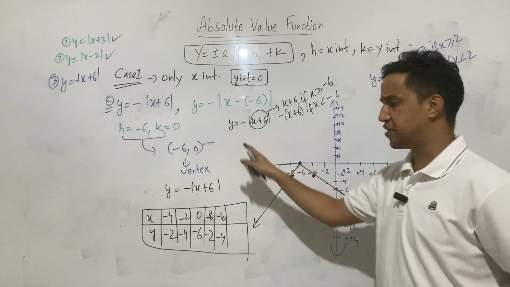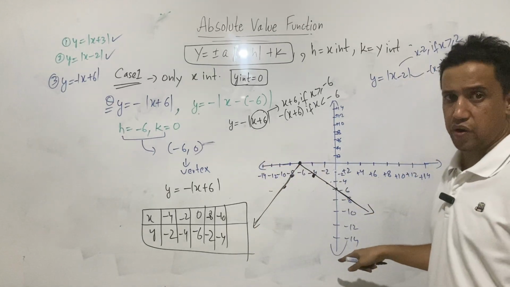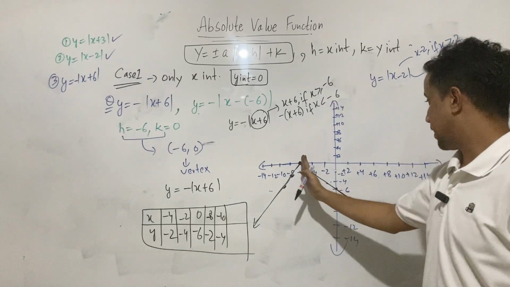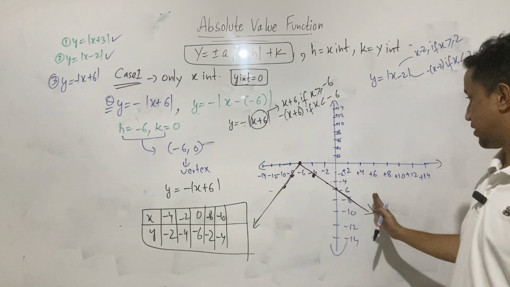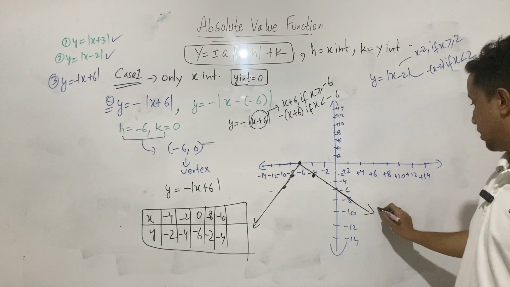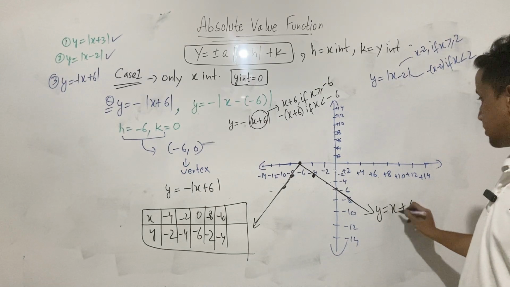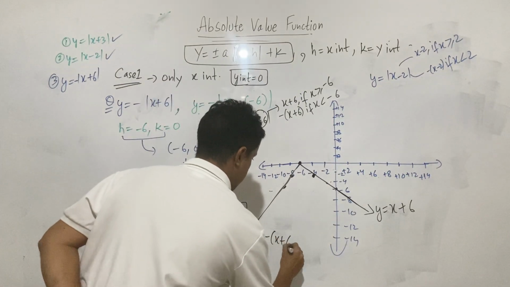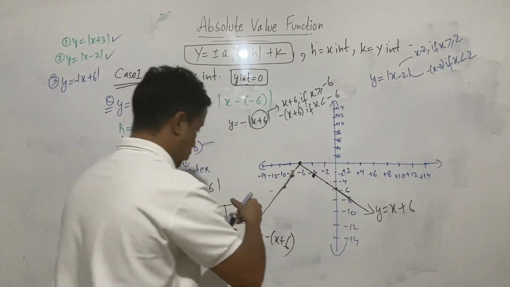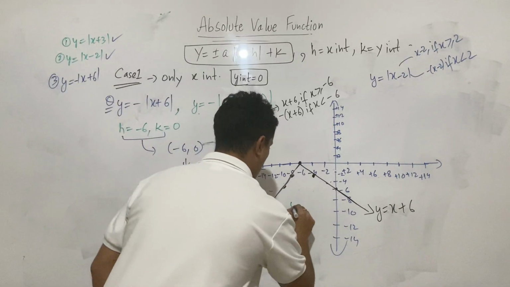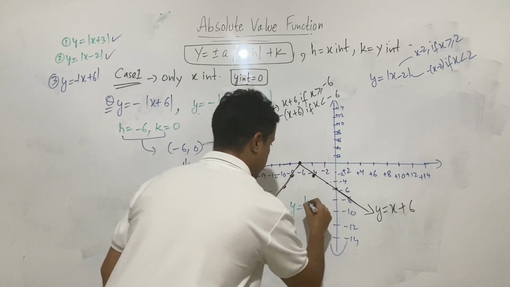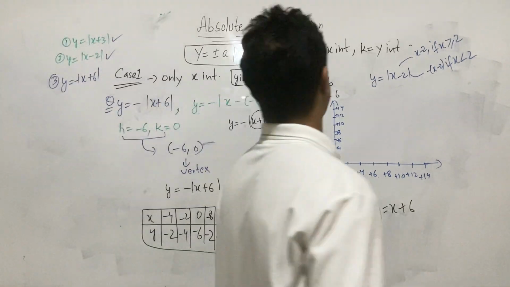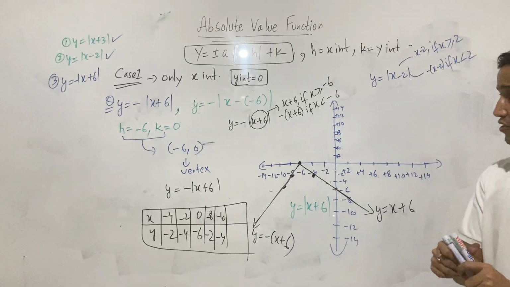This minus just signifies that it will open downward, right? So for x greater than or equal to minus 6 means this side, so this is going to be y equals x plus 6, and this is going to be y equals negative of x plus 6. And this whole graph represents y equals the absolute function of x plus 6. I hope you understand it, right?